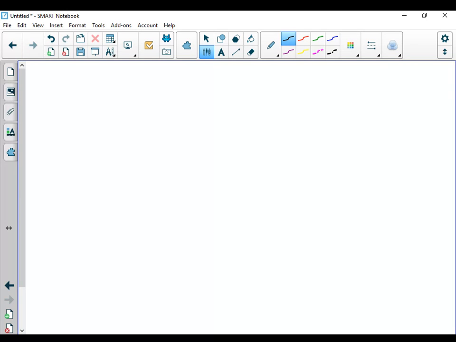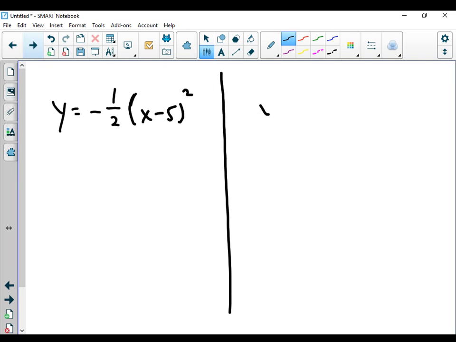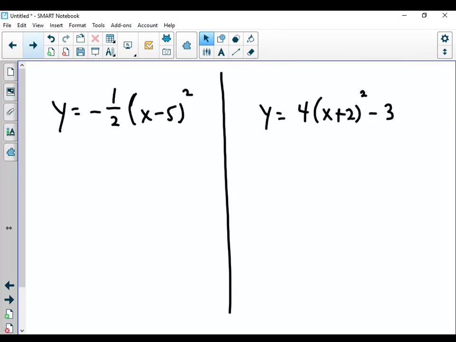So here are the two equations I want you to try to sketch. Try to sketch those two.